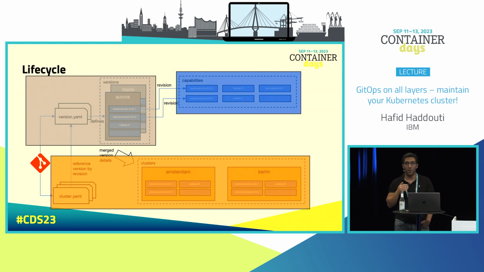And as soon as we have a stable version, we can release it as a platform version, for example, creating a new Git tag. And from then on, each cluster can use it by referencing the platform version name and the revision. This allows us to bind the cluster to a specific version, to a specific platform version, sorry.